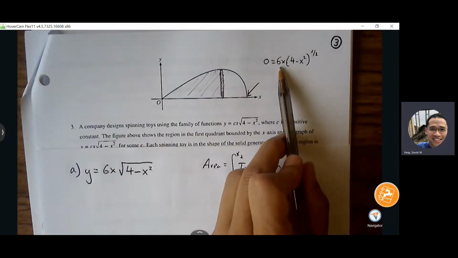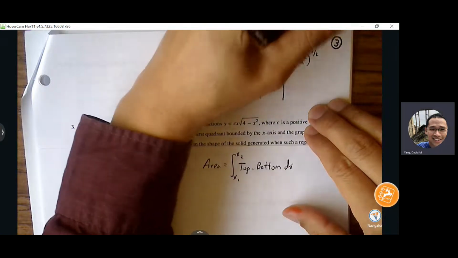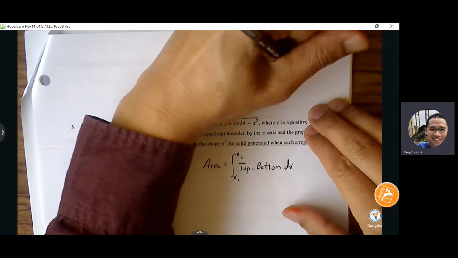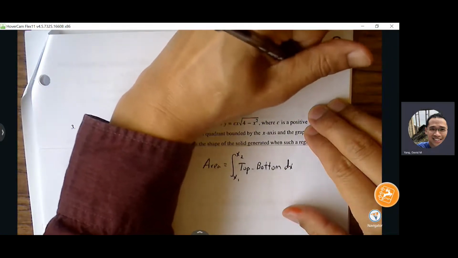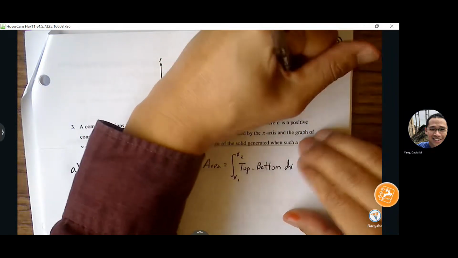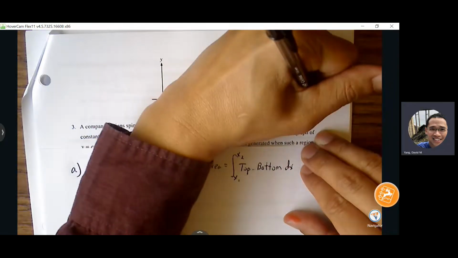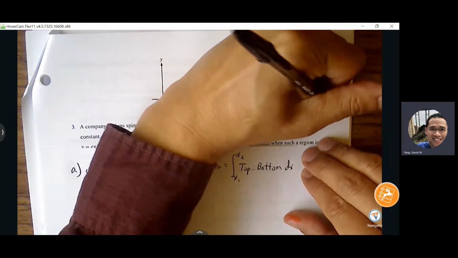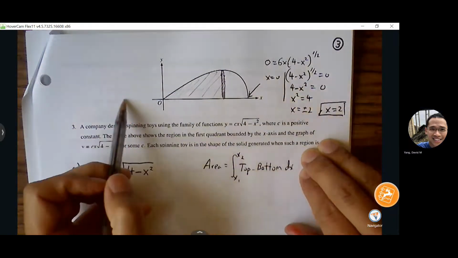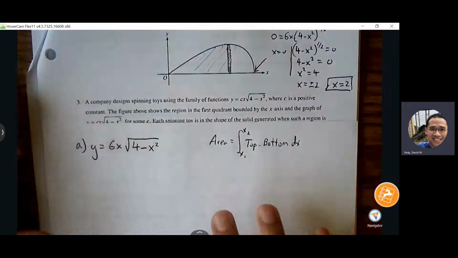If I set 6x equal to 0, I get 0. But if I set that 4 minus x squared to the 1/2 equal to 0, I can solve for x. Square both sides. Solve for x. I get plus or minus 2, but only 2 makes sense because negative 2 is all the way over here. So we know we're going to go from 0 to 2.